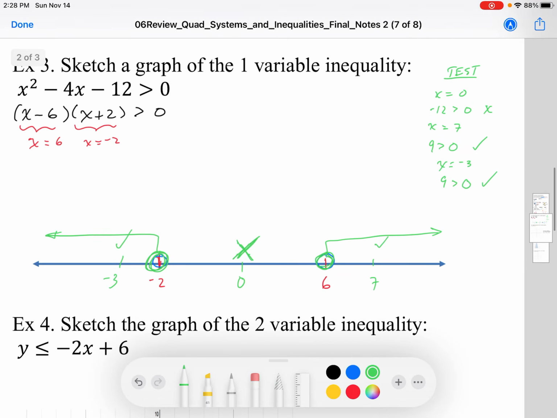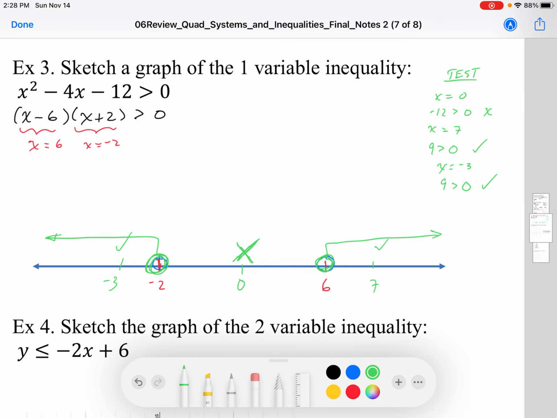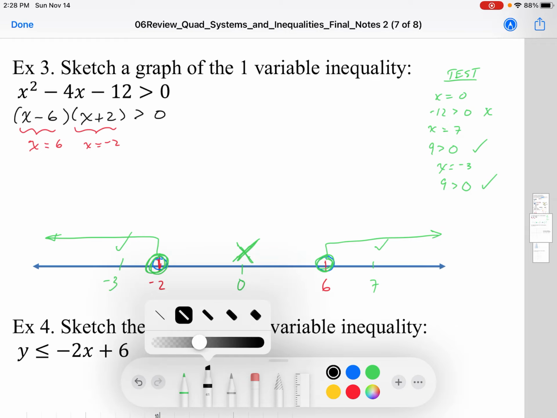Now, a much more efficient way to solve this problem would be to imagine what the quadratic function looks like. I'm going to imagine a quadratic function that has zeros at negative 2 and positive 6. And if I take a look at the a value, it is positive.